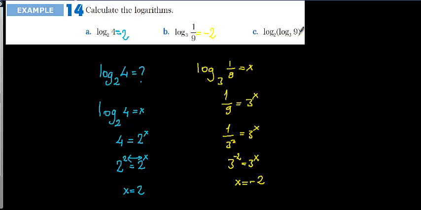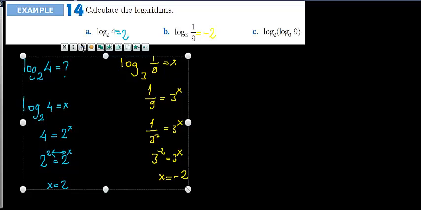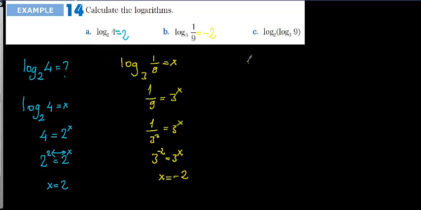Okay, for finding this one, we should solve one by one. What is in the bracket, first we should solve that one, then check the value here. So I'm going to start with logarithm base 3 of 9. What is it equal to firstly?